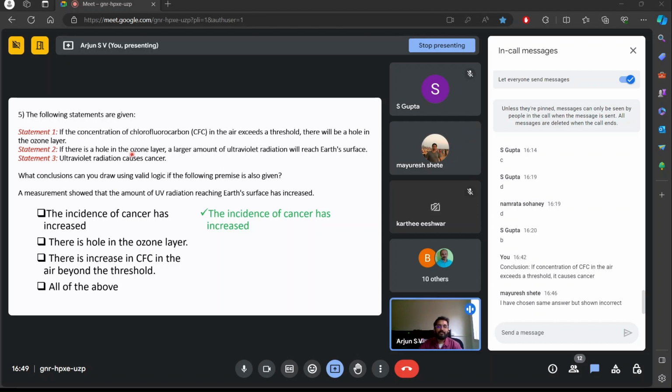No, that is not the correct form of modus tollens, right? It must either follow modus ponens or modus tollens. In modus ponens, you will have if A then B, A is happening, then B is happening. Because in this case, it's saying B is happening first. Then B can happen because of a lot of factors, among which A is one.